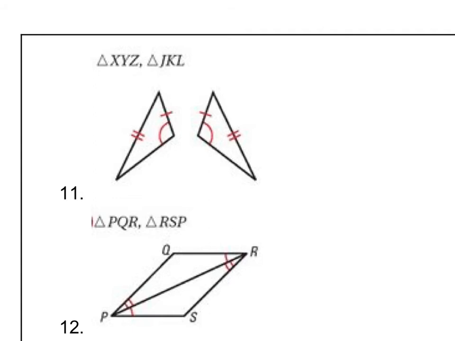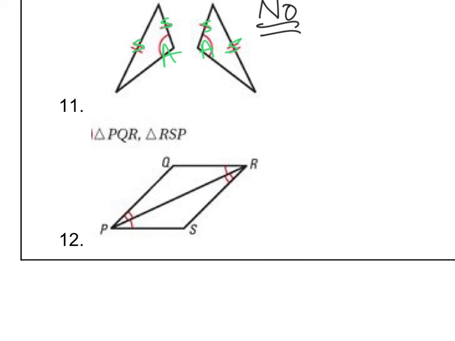Take a look here. Again, I suggest you label everything you have. So I have a side, a side, a side, a side, an angle, and an angle. This goes back to our infamous theorem that we don't have. So our answer here is no. And then lastly, let's take a look at this one. Angle, angle, angle, angle, angle.